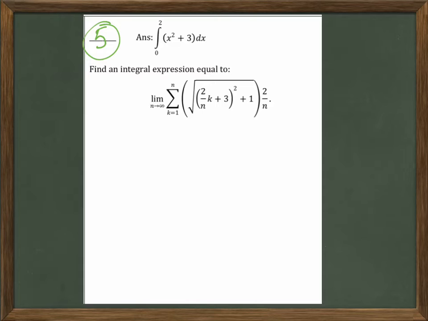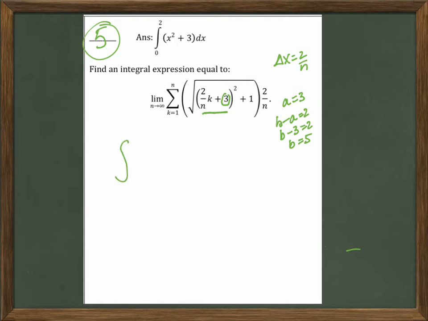Okay, so let's start out with delta x. Again, delta x is 2 over n. And now we're looking for the 2 over n term. Now look, here's the 2 over n term, and it has a 3. So that means it's plus 3. That means a has to be 3. So if b minus a has to be 2, b minus 3 has to be 2, then b has to be 5.